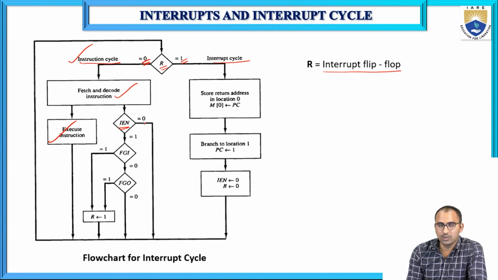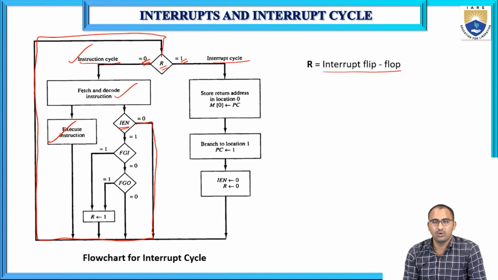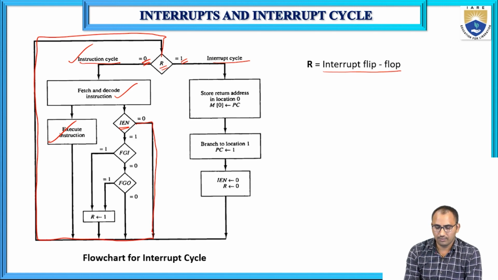IEN equal to 0 means interrupts are disabled, so no interrupts will occur, and then it checks R. Suppose IEN is equal to 1.